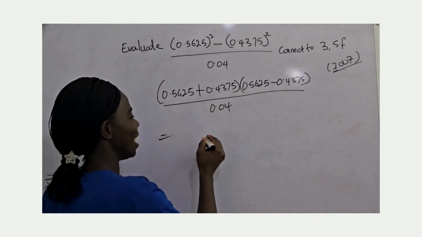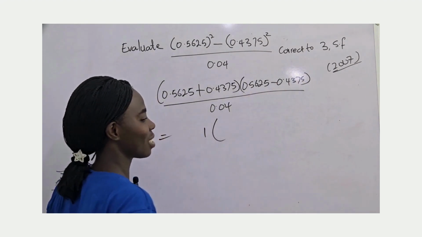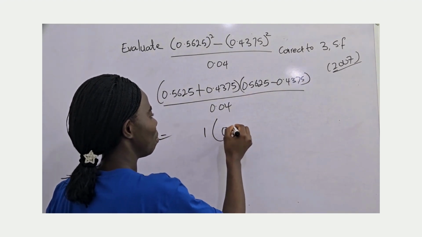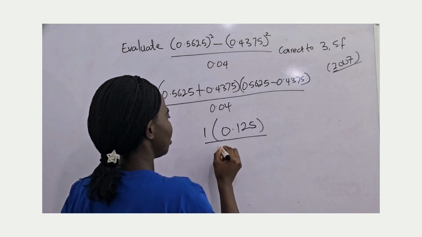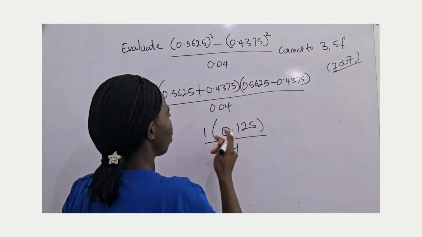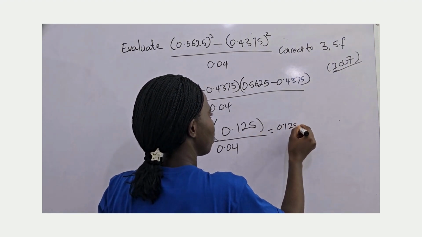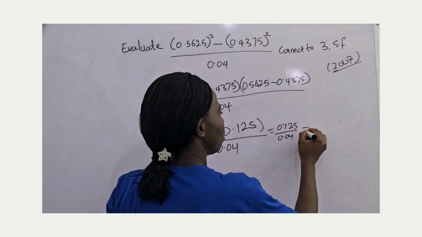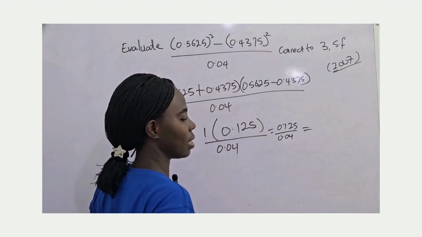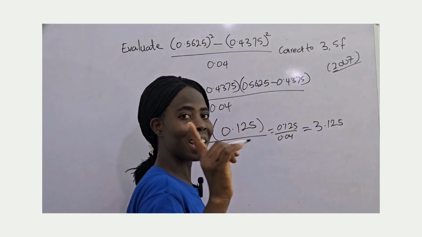When you add those together, interestingly, it gives us 1. Then when you subtract this, it gives us 0.125. Then divided by 0.04. Of course, 1 multiplied by 0.125 is the same as 0.125 divided by 0.04. You can use your calculator to do that, and you arrive at 3.125. But remember, that's not your final answer.